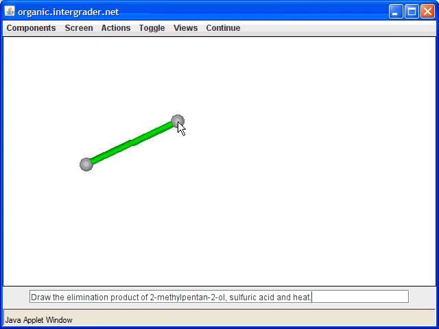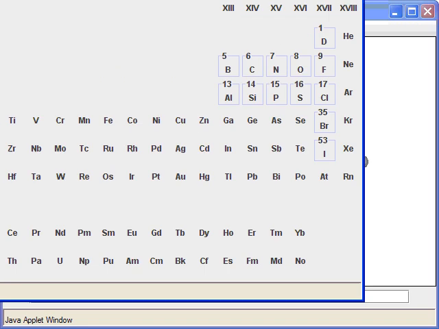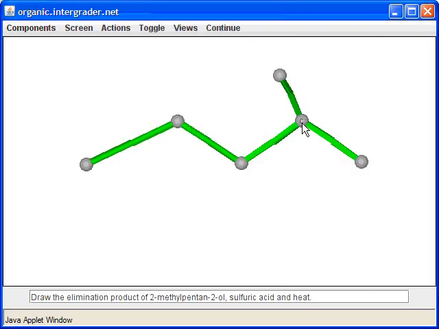And we have pentan-2-ol, and we have a methyl right here. So what we'll do is, again, we'll introduce a hydroxyl group, we'll protonate it with the acid, and we'll ionize it off.